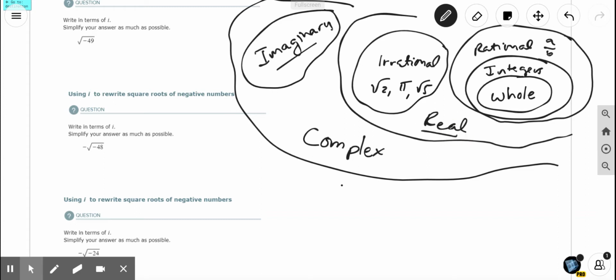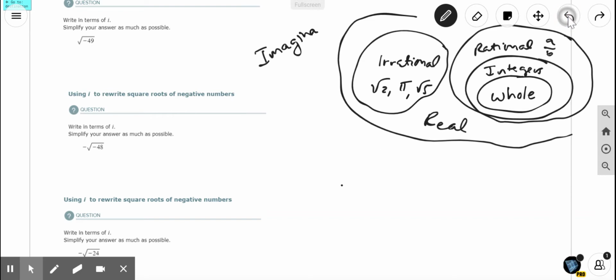I don't think we get enough into it in this class because we're using the ALEKS curriculum, but typically in a book you would learn how to write every single number in complex form, meaning its imaginary piece and its real piece, which is kind of fun. But today, we are just going to be learning basically what an imaginary number is and how to manipulate them. So I'm going to go ahead and rewind all of this because I need the space.